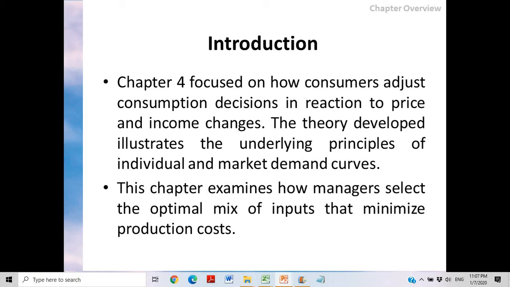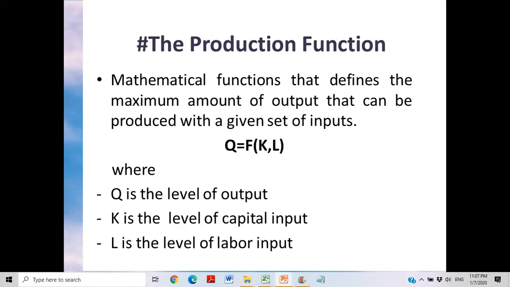For chapter 5, we are going to examine the manager's decision. If consumers make decisions on the combination of goods given the income and prices, managers basically make decisions on the input combinations that will help them to minimize the production cost.